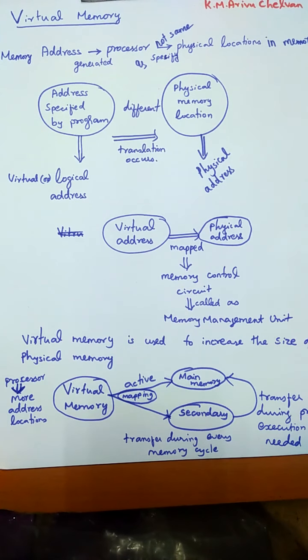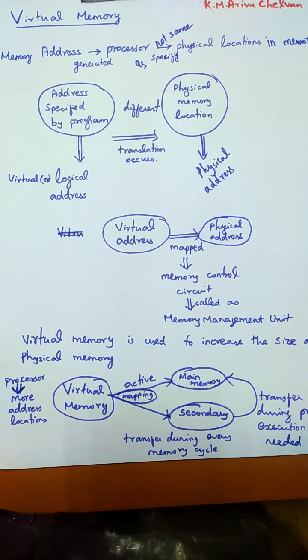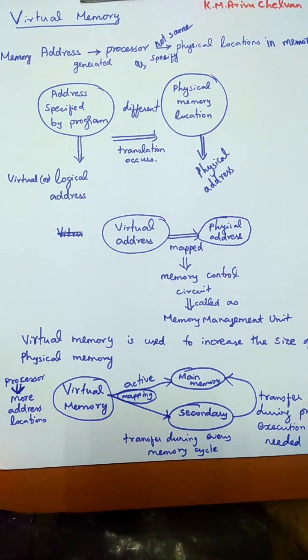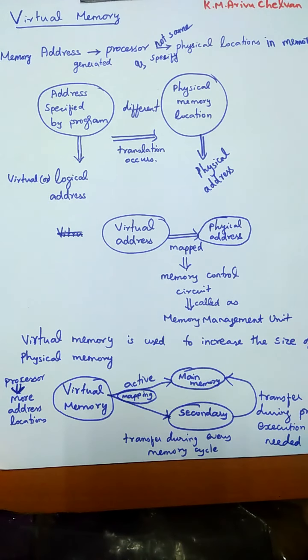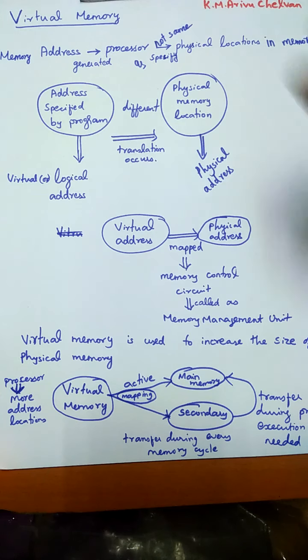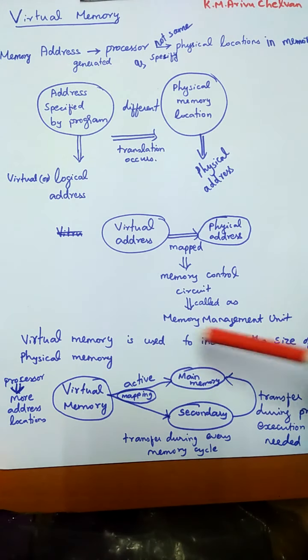We cannot directly increase the physical memory size, because it is a cost affecting factor. The physical component replacement is needed, but here we are increasing it virtually. Virtually means it's not physical. So this virtual memory is used to increase the size of physical memory.